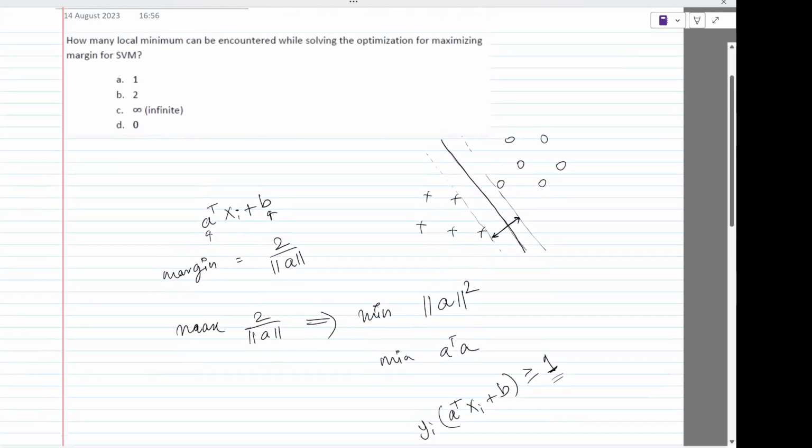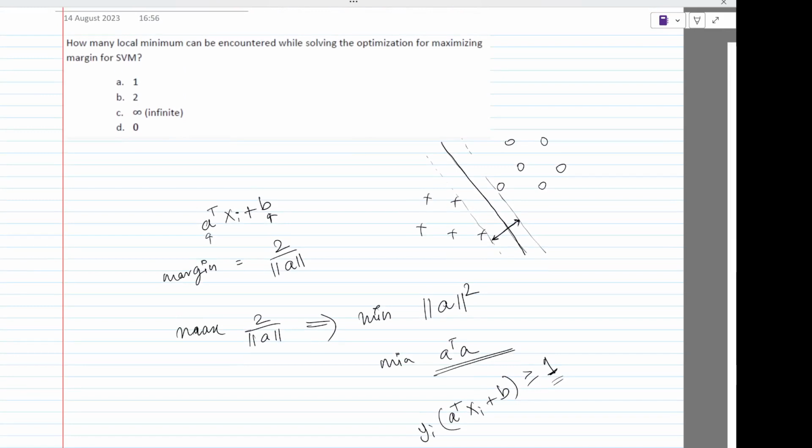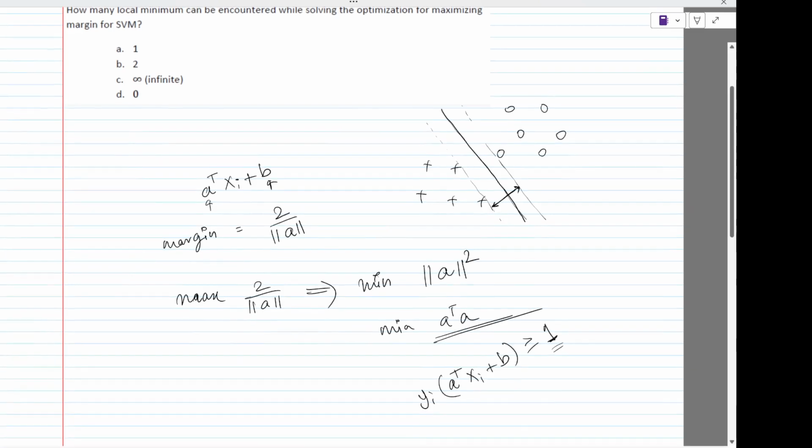If you see this, it is a quadratic function in A. A quadratic function is strictly convex, so it will have only one local minimum.